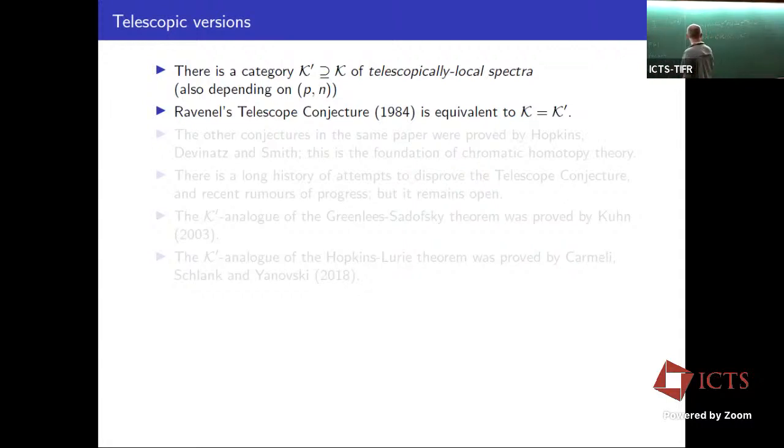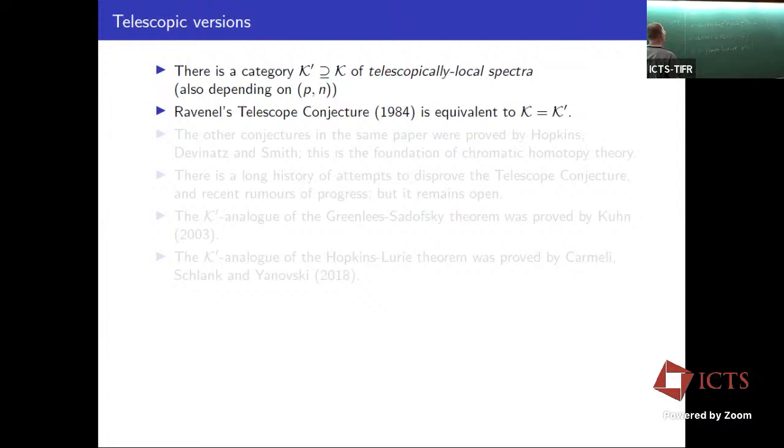And then curly K prime is, one way you can say it, the category of spectra that are local with respect to this.